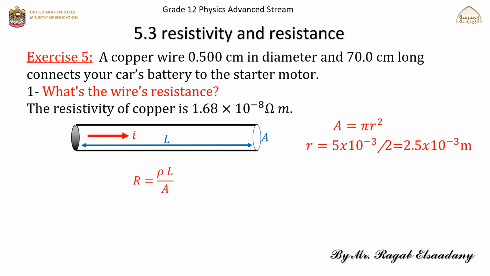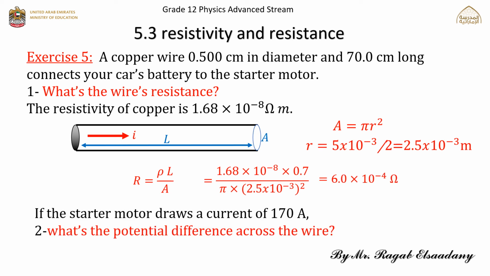R equals rho times L divided by A equals 1.68 times 10 power minus 8 times 0.7 divided by pi times 2.5 times 10 power minus 3 square equals 6.0 times 10 power minus 4 ohms.